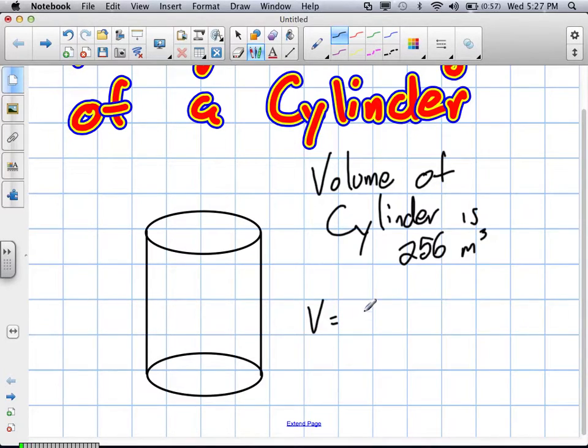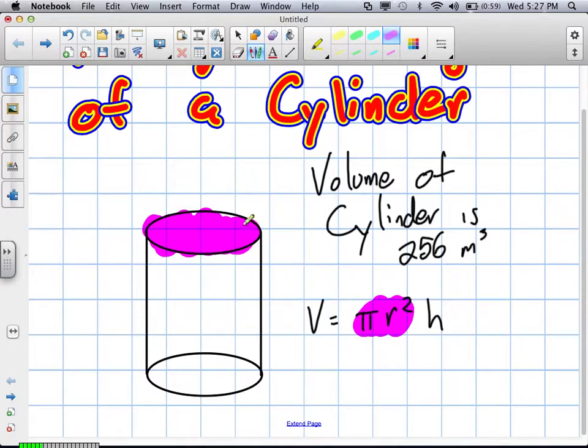Pi r squared times height. This part here, pi r squared, is actually the area of this face, so that works out good. And then it's multiplied by height. Height is the depth of this, almost like a prism.